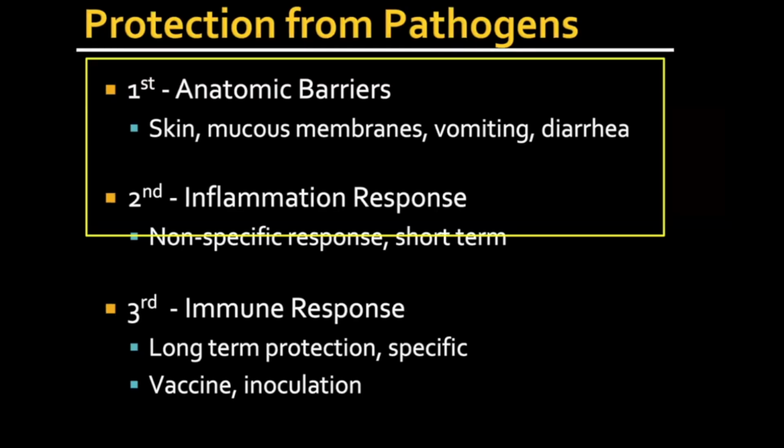Mucus traps stuff, and those are potential entry points into the body. And so that's where we like to have a lot of lymph nodules to trap any bad thing that's trying to enter there. If you get food poisoning, one way that your body tries to get rid of it is by puking it out or diarrhea or both.